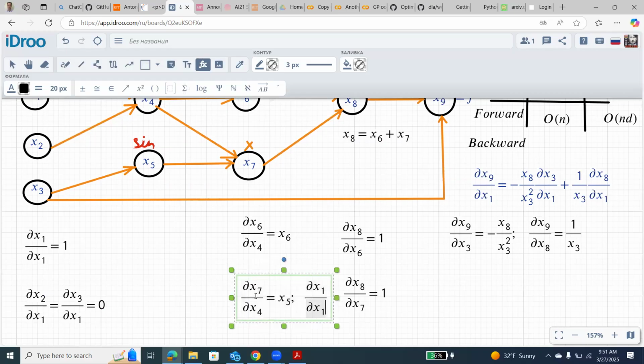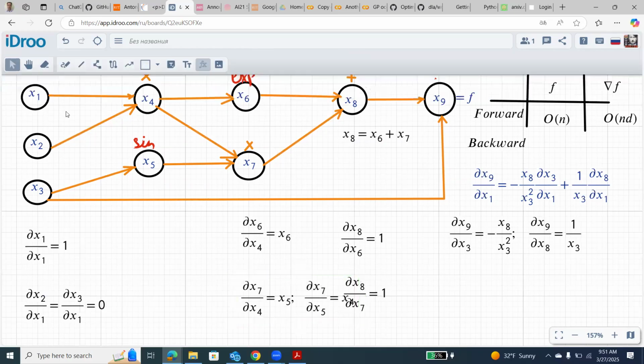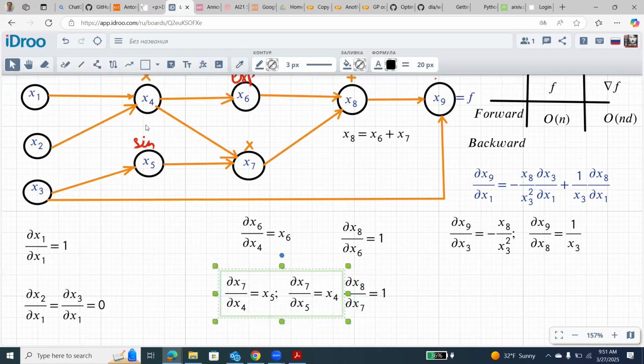And the derivative with respect to x5 will be x4. Okay, then we have x4 and x5. X4 is the multiplication, so it will be similar.